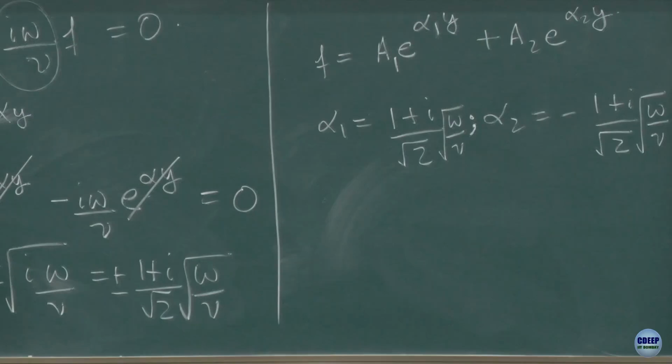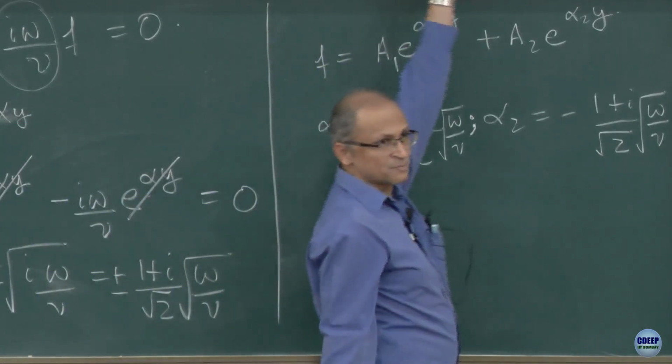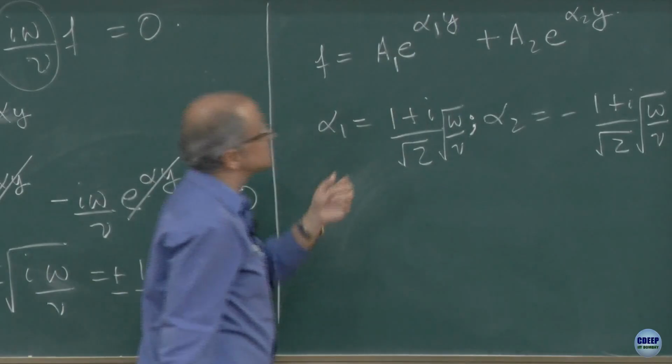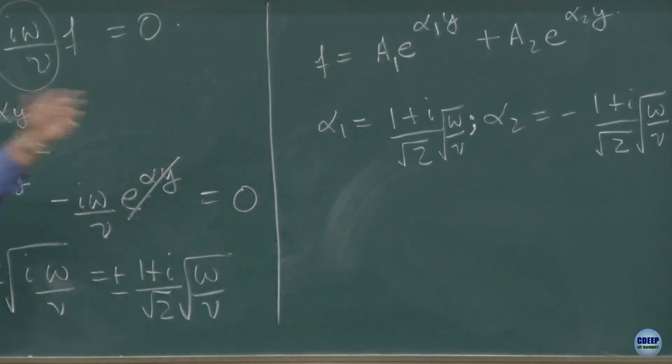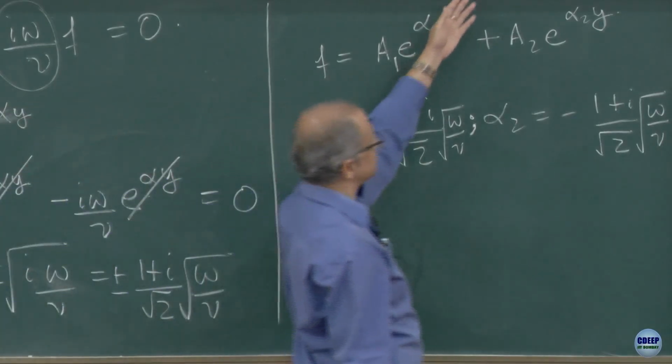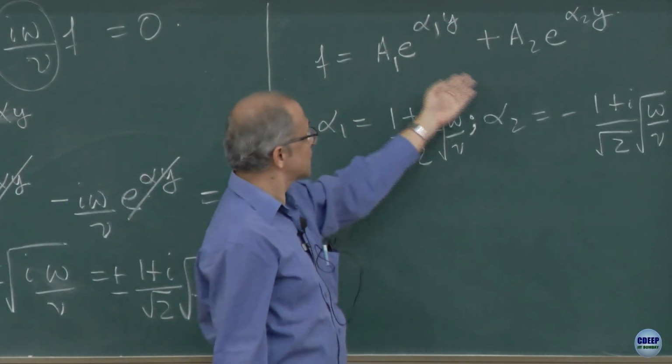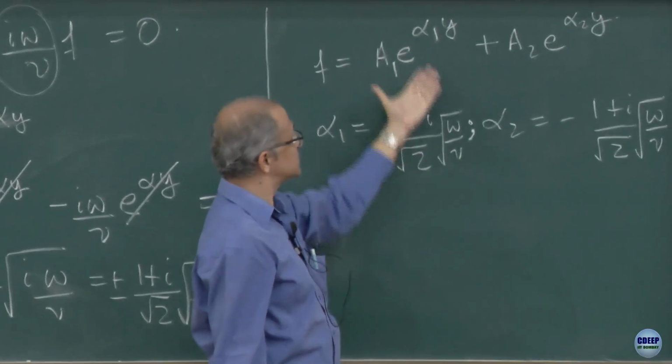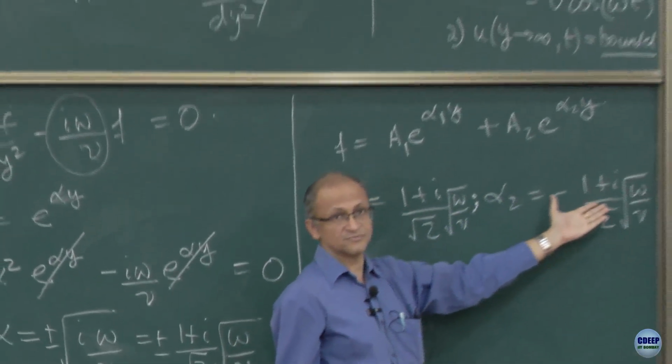Now what can I say about A1 and A2? Now I have to apply the boundary conditions, which are here. Boundedness condition is very easy to apply first. So what does the boundedness condition tell you? As y tends to infinity, what happens? Everything is positive here in this exponent, and this has some negative.